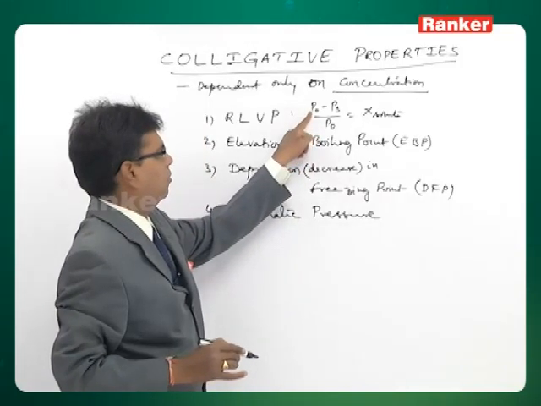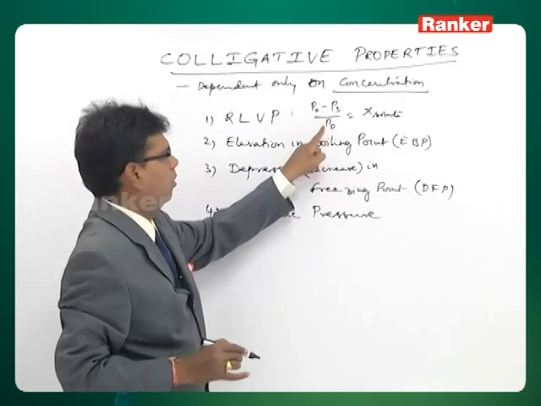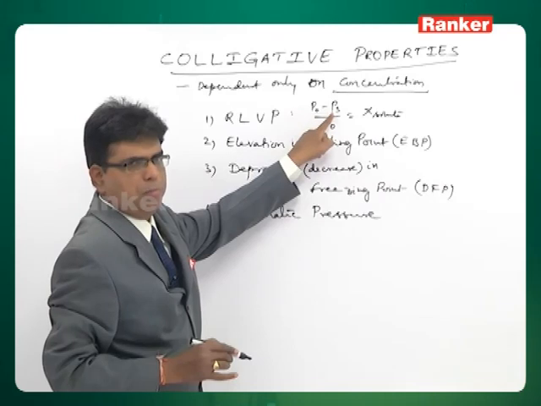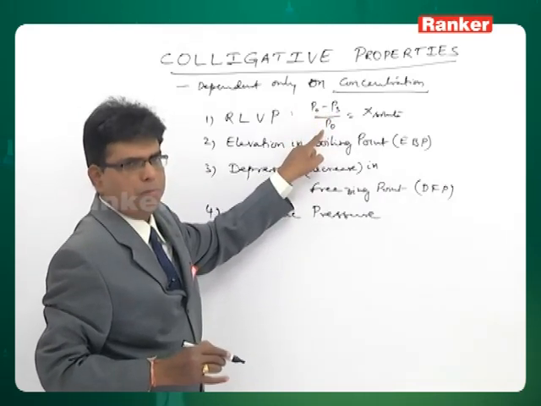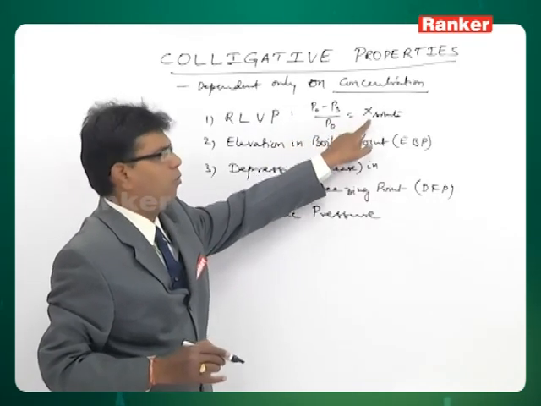P naught is the vapor pressure of the pure solvent, Ps is the vapor pressure of the solution. P naught minus Ps is the decrease in vapor pressure, that is what we call lowering in vapor pressure. Lowering in vapor pressure divided by vapor pressure of the pure solvent, that is relative lowering of vapor pressure, is equal to mole fraction of solute.